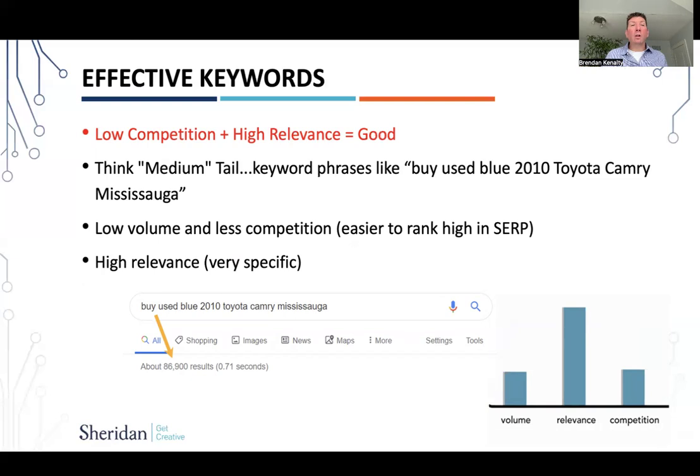And so this is what we call a medium tail, where it's relevant because we know exactly what this person's looking for. So we could be relevant, I mean, if we were selling a 2010 Toyota Camry. But the point is, you know what this person's looking for, and we want to be somewhere in the middle. We want to know what our personas are looking for so that we can serve it up, right? We don't want to be everything to everybody because that doesn't work.